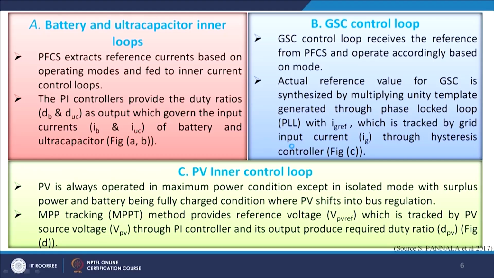That means, all the time we want our PV to operate at MPPT unless the battery is fully charged or maybe the grid is not available, etc. The MPPT method provides the reference voltage VPREF, which is tracked by the PV source voltage VPB through a PI controller, and its output produces the required duty ratio DPV.